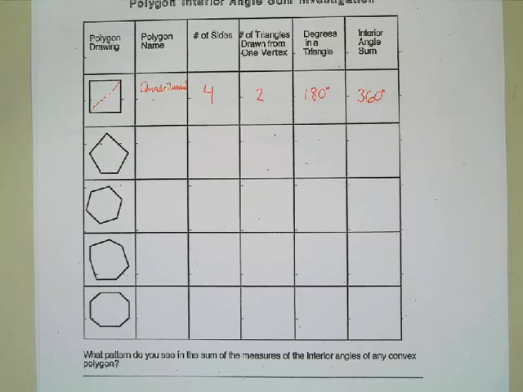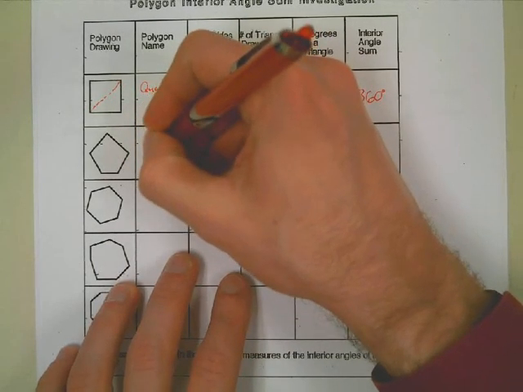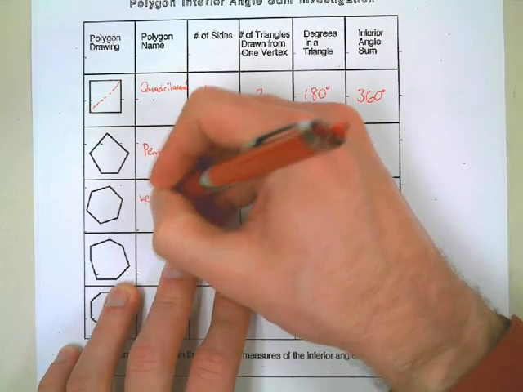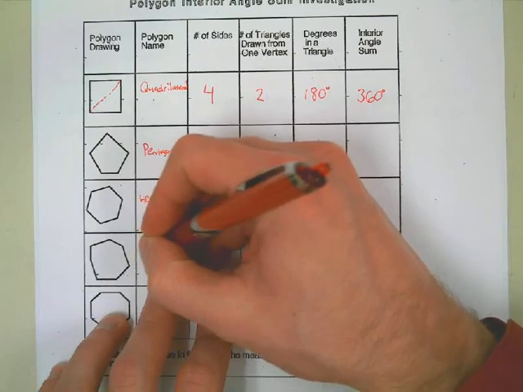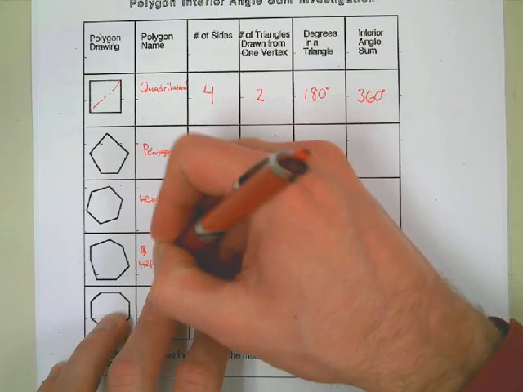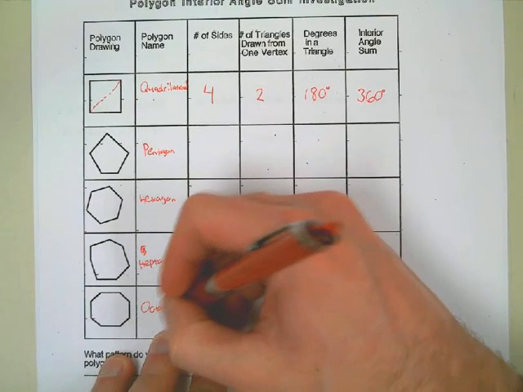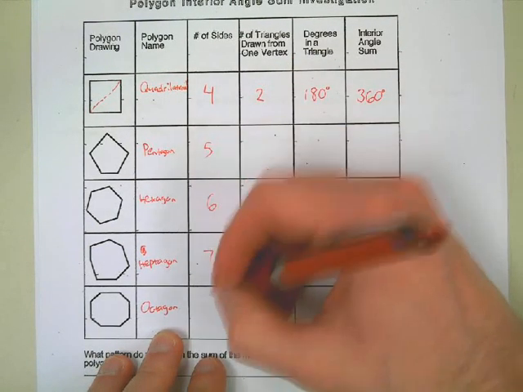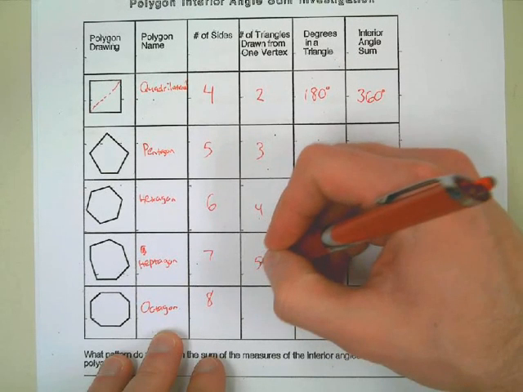So I'll fill these in here real quick. So pentagon, hexagon, heptagon, octagon, and then 4, 5, 6, 7, 8 sides, and then 2, 3, 4, 5, 6 triangles, and these are all 180.